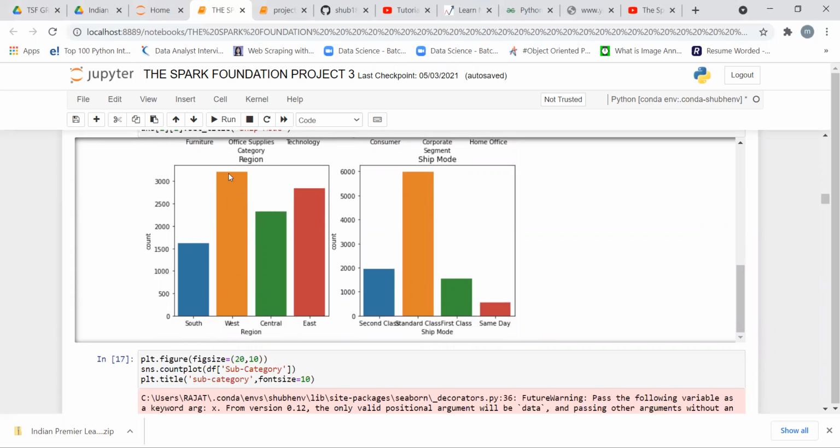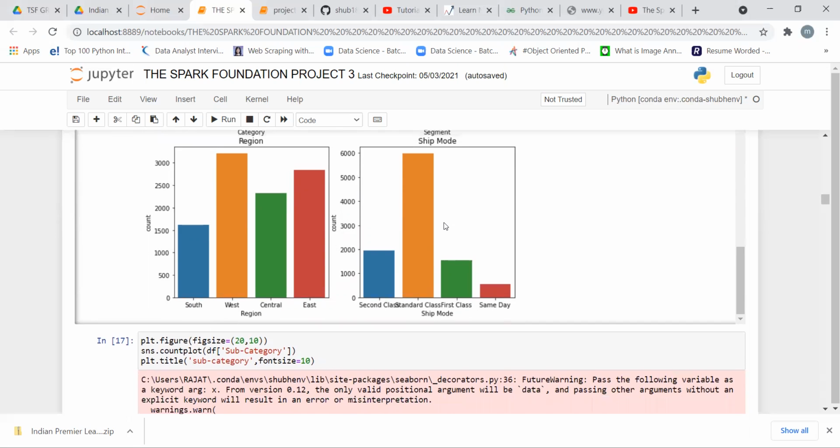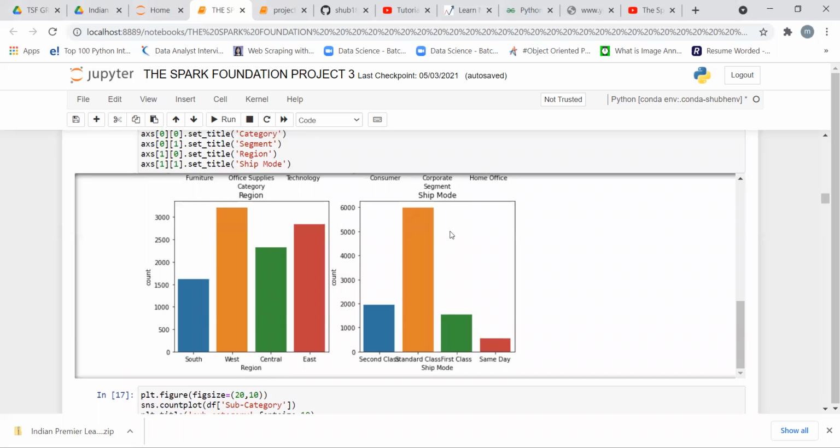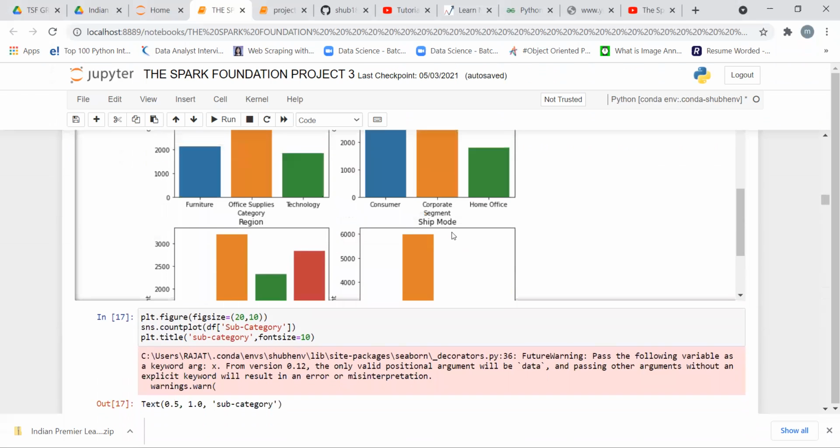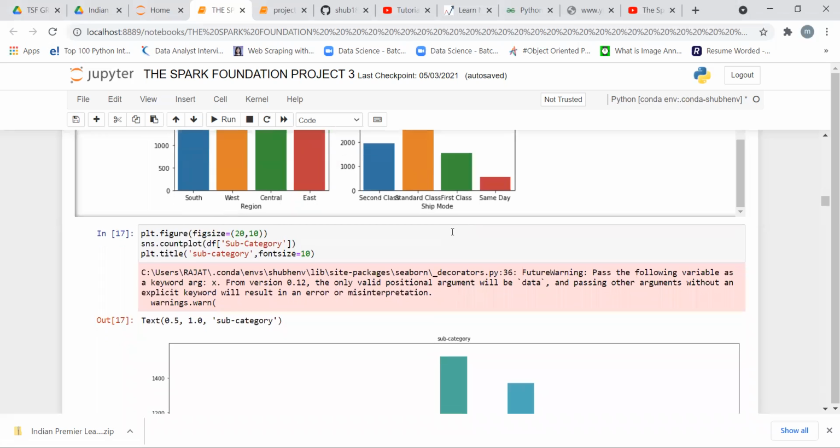For ship mode, standard class has a major portion which affects the data mostly.